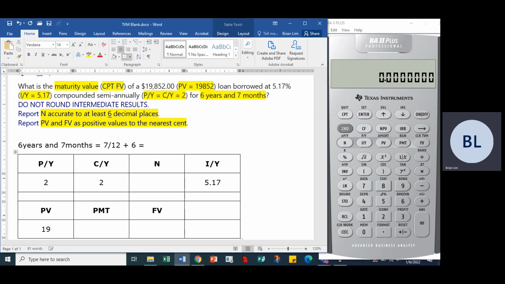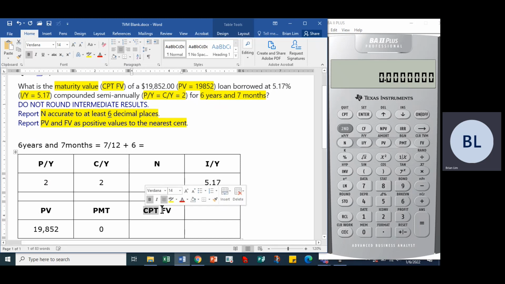If you wish, you could put in the comma, so it's more legible. PMT is 0, and the future value is what we need to compute. So let's highlight it so we know what we are computing.